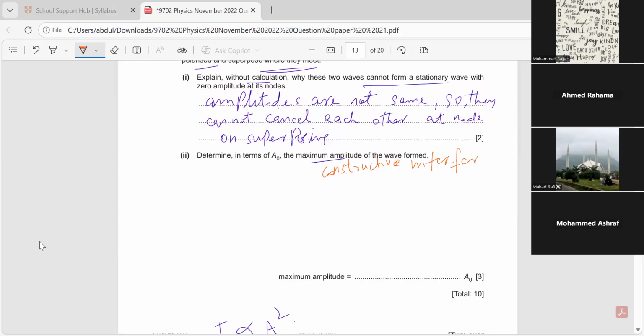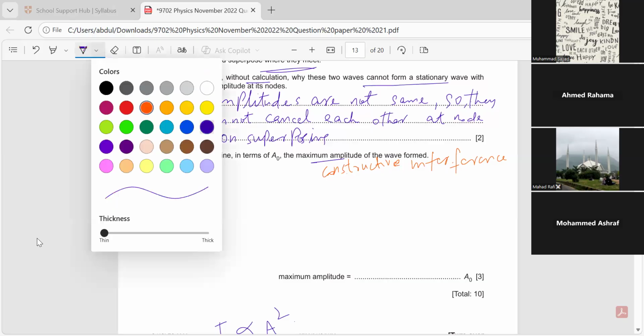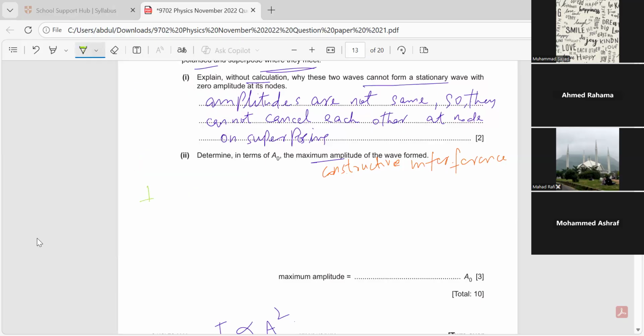In other words, the amplitudes should add up together. One amplitude we have, A naught we have, but what about the other amplitude? That we don't have. And as I told you here, we know one relationship, dear sons. What is that relationship? We know that I is proportional to amplitude square.